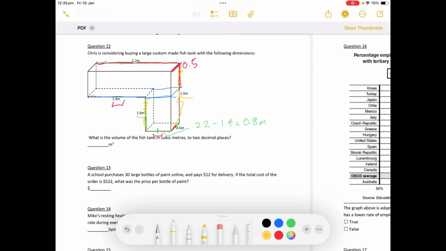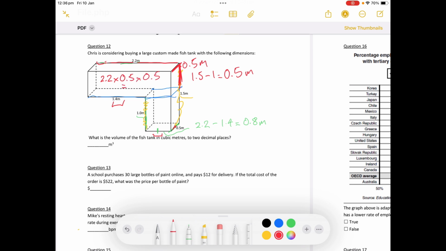So the section I'm looking for has got to be 1.5 minus 1 meter, which equals 0.5 meters. So let's work out the volume of the top rectangle now. We're going to do 2.2 times 0.5 times 0.5.